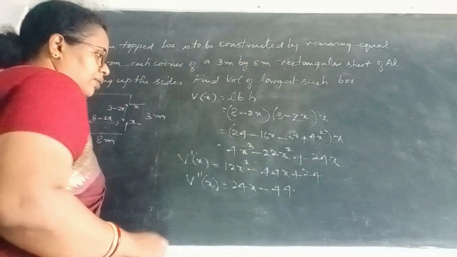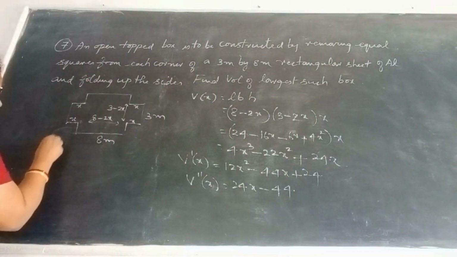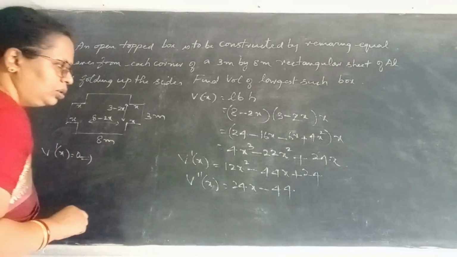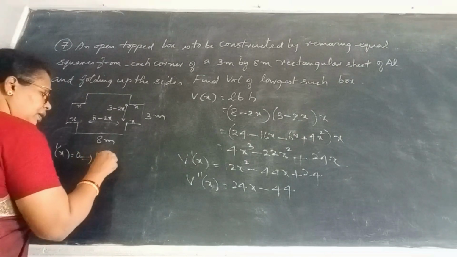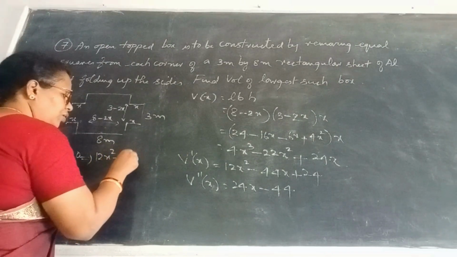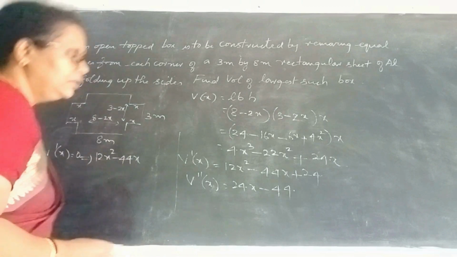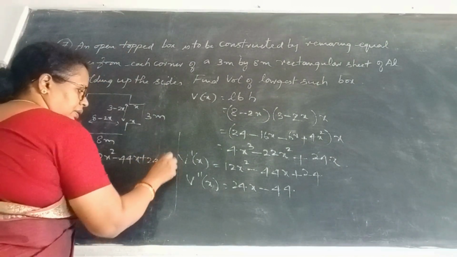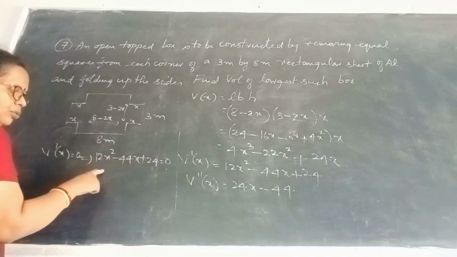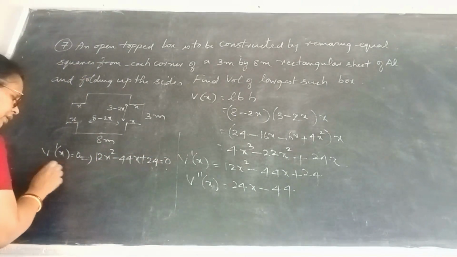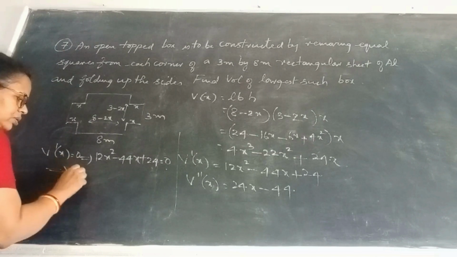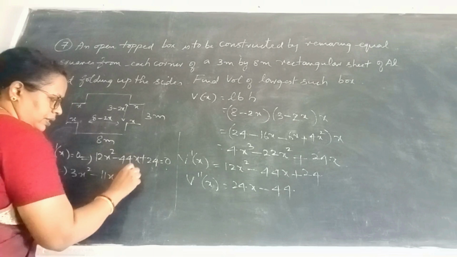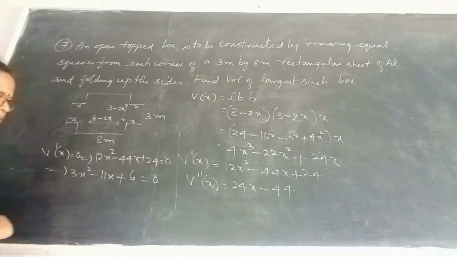So V'(x) equal to 0 will give us 12x squared minus 44x plus 24 equal to 0. Simplify this. 4 is a common factor, cancelling: 3x squared minus 11x plus 6 equal to 0.